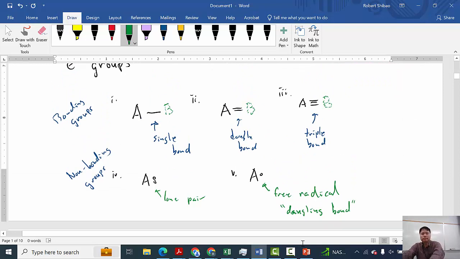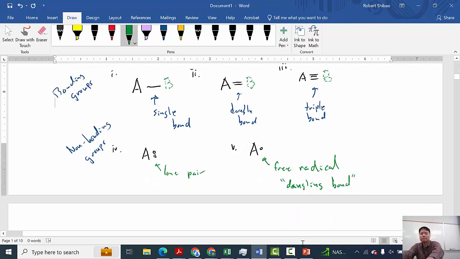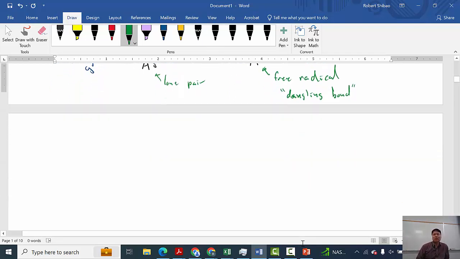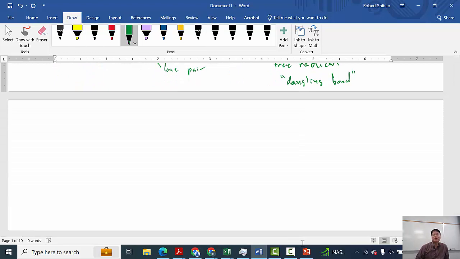Now, when we have a bonding group, the electron cloud is actually pulled. Let's take a look at some electron clouds for these different scenarios.